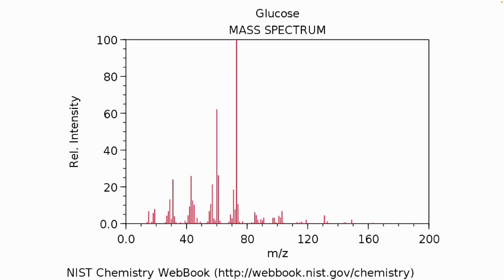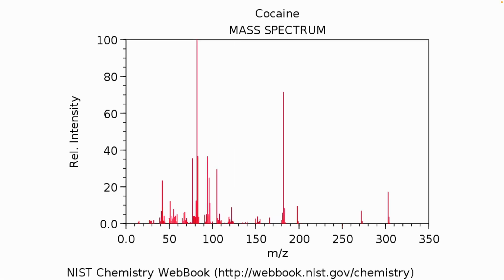So when the very nice police officer is asking you about your white powder, you could show him or her the mass spectrum for your white powder. Because this spectrum is unique to glucose. These are the fingerprints of molecules, okay? We're going to talk about how the mass spectrometer works here in a second. It's very different from, say, other white powders.